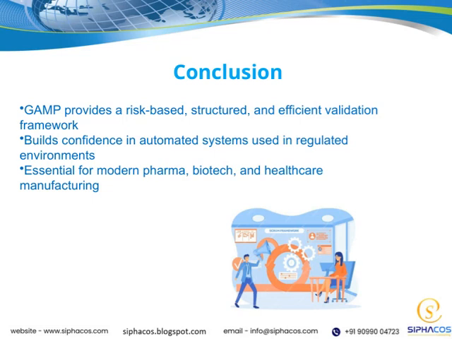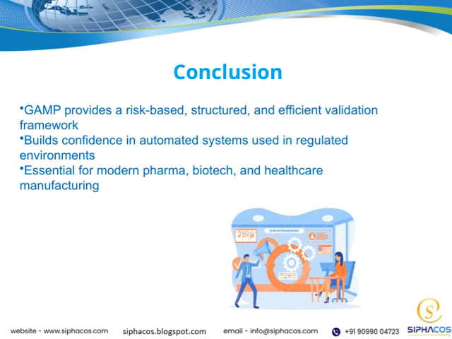GAMP provides a risk-based, structured, and efficient validation framework that helps us manage the complexity of automation in regulated environments. By focusing on the risks involved, it allows us to prioritize efforts and resources where they matter most. This approach not only streamlines the validation process, but also builds confidence in the automated systems we rely on daily.